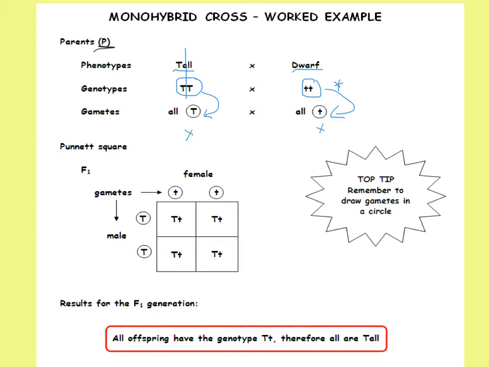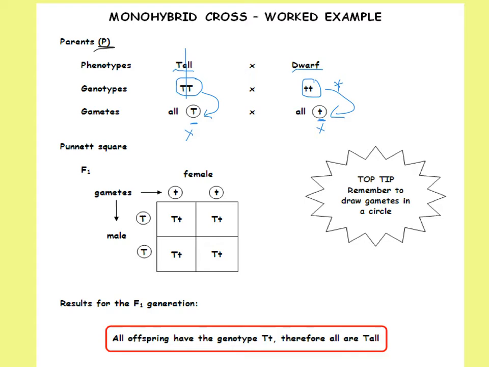So every pollen that is produced has only got a large T in it if we think of this as the male gamete. And if this is a female one, then every egg has only got a little t within it.